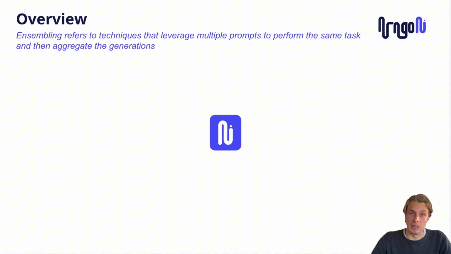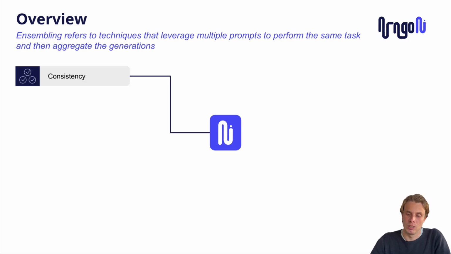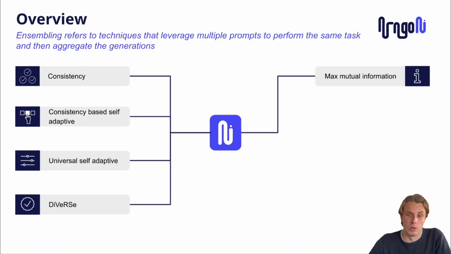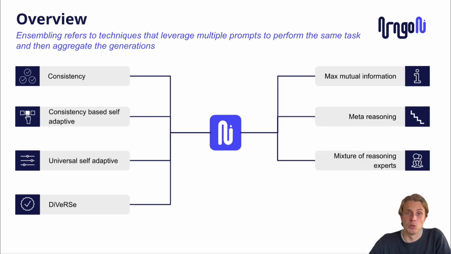That being said, if you're really looking for performance, you should still consider this. And as language models become cheaper and faster, this becomes a more relevant strategy. So we'll talk today about consistency, consistency-based self-adaptive, universal self-adaptive, diverse, max mutual information, meta-reasoning, mixture of reasoning experts, and demonstration ensembling.